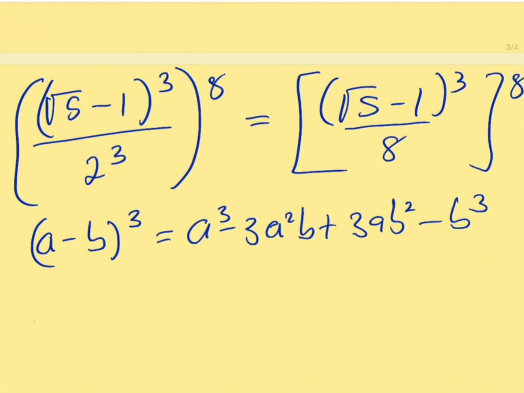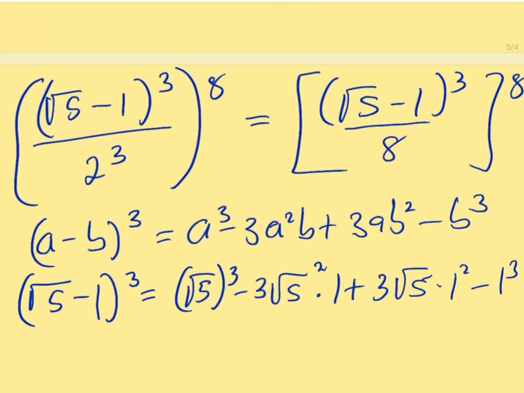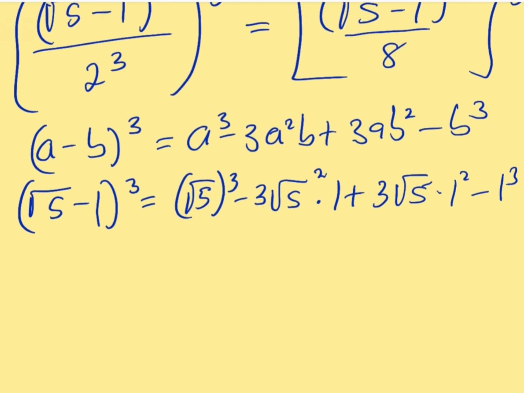Therefore, in the same manner, when you have square root of 5 minus 1 to the power of 3, this will give you square root of 5 to the power of 3 minus 3 multiplied by square root of 5 squared times 1 plus 3 root 5 times 1 squared, then minus 1 cubed.